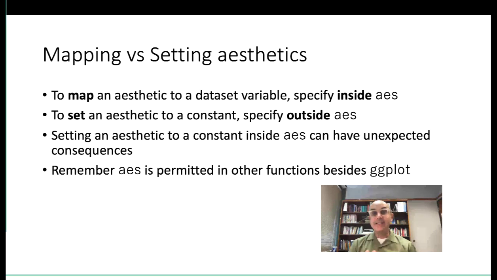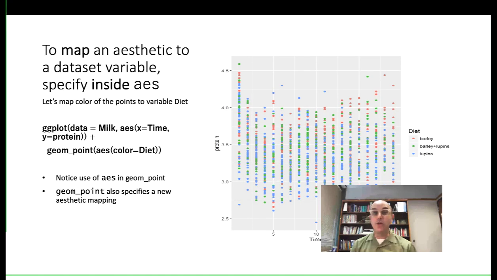The mapping versus the setting of the aesthetic is part of the code that you write in ggplot2: to map the aesthetic to a dataset variable, you do so inside the aes function. To set an aesthetic to a constant, it goes outside. Setting the aesthetic to a constant inside the function gives an unexpected result. Remember, it is part of the function inside ggplot2.